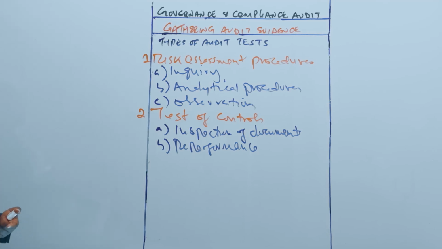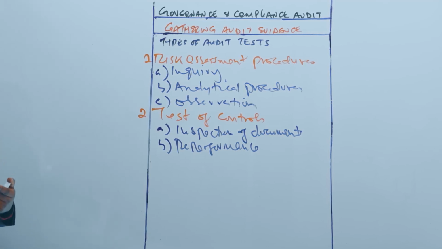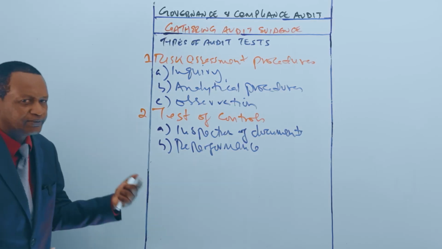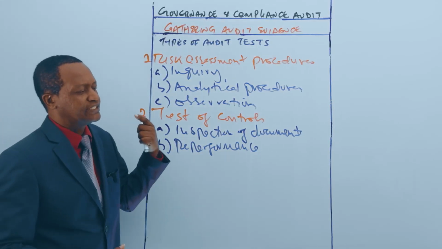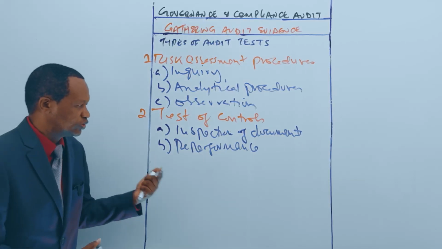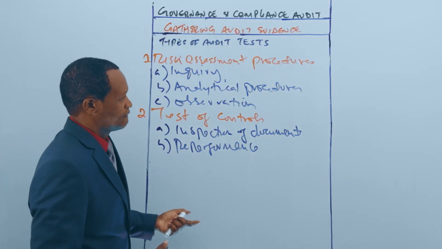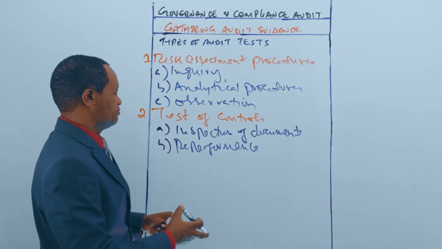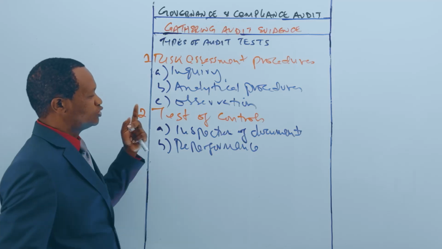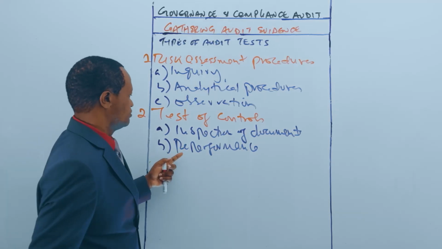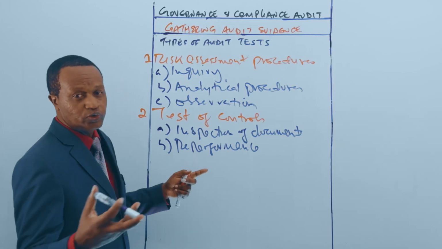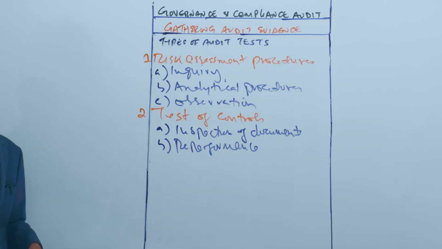For example, the auditor might try to process a 1 million payment in the system without the second signature to see if the software blocks it or not. The system should block that payment because there is a control and there ought to be 2 signatures. So the auditor can do a reperformance, carry out the transaction and see if the transaction will go through or not.